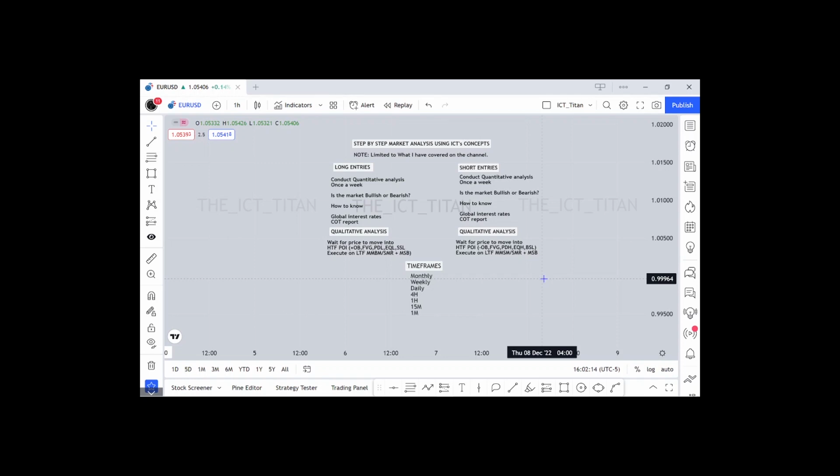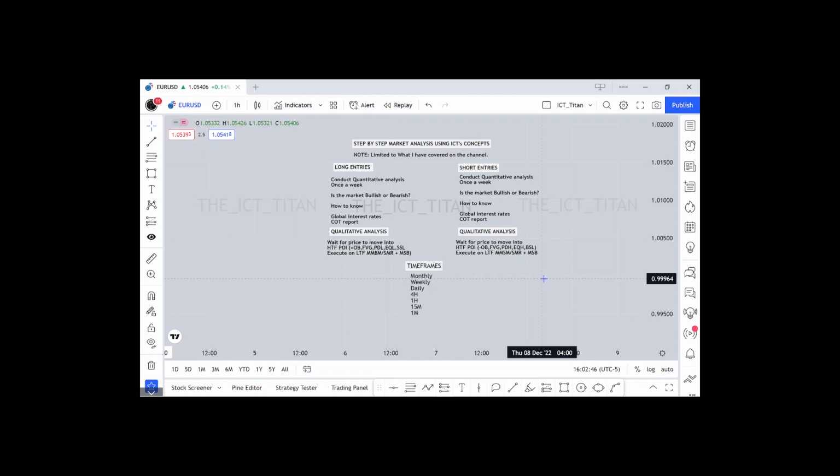While going short, we do the same thing, but we are checking different POIs, different in the sense that they are just the mirror opposite of the long entries. So we have already discussed the quantitative analysis, how it's done, and where you can get the information.